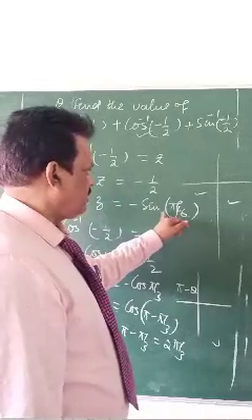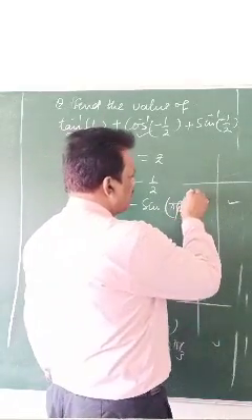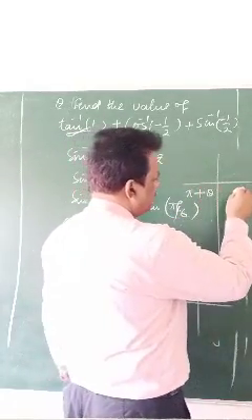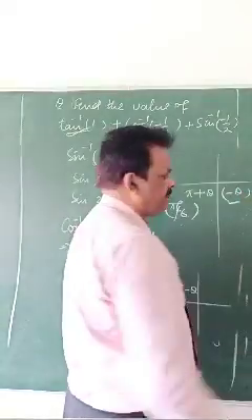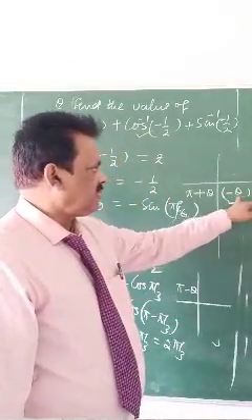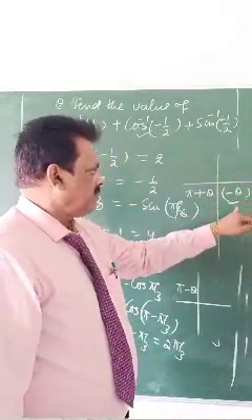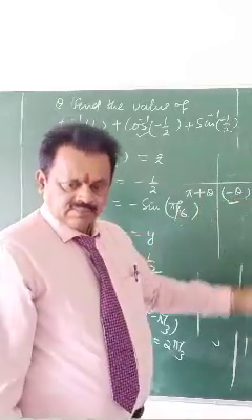So you will take the quadrant of minus theta, because our range will fall in this manner.